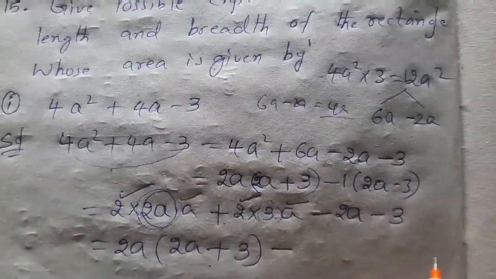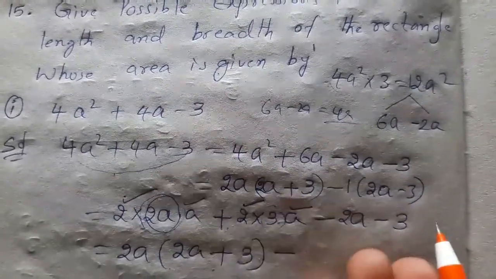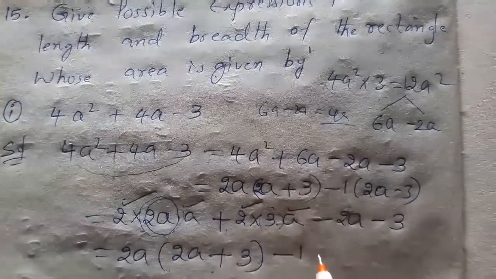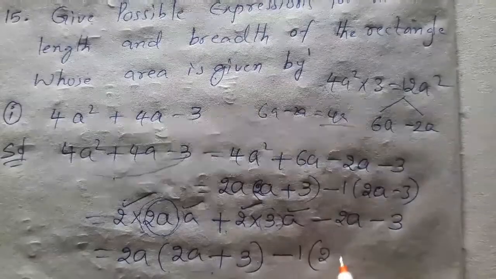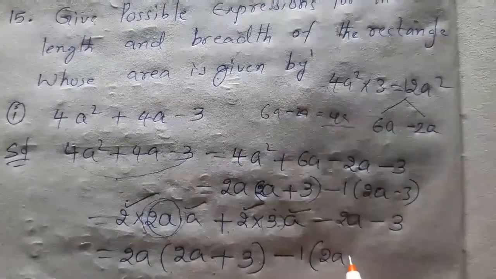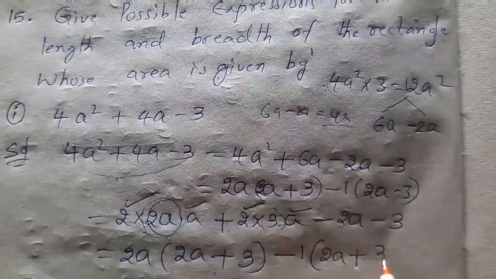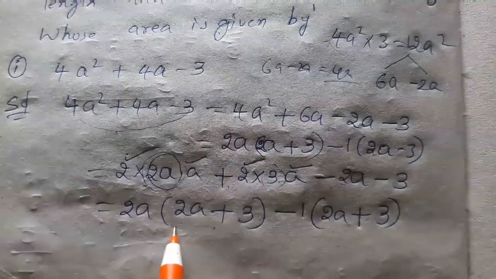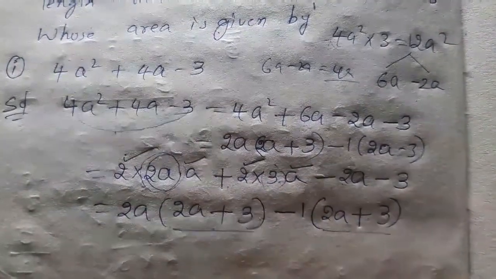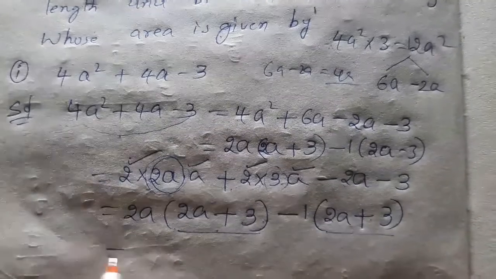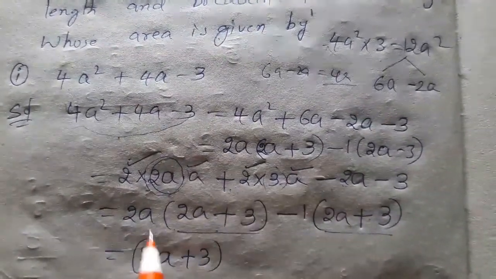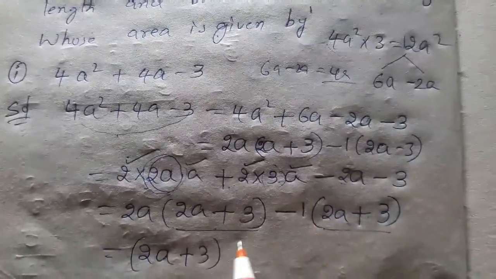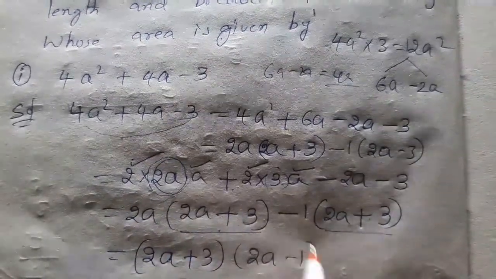Yes. Next minus, here bring minus 1 outside. See here, this 2a you can write, so minus has gone outside, this became plus, and this became 3. See here, 2a plus 3, 2a plus 3 bring common, that becomes 2a plus 3 into what is left, that means 2a minus 1.